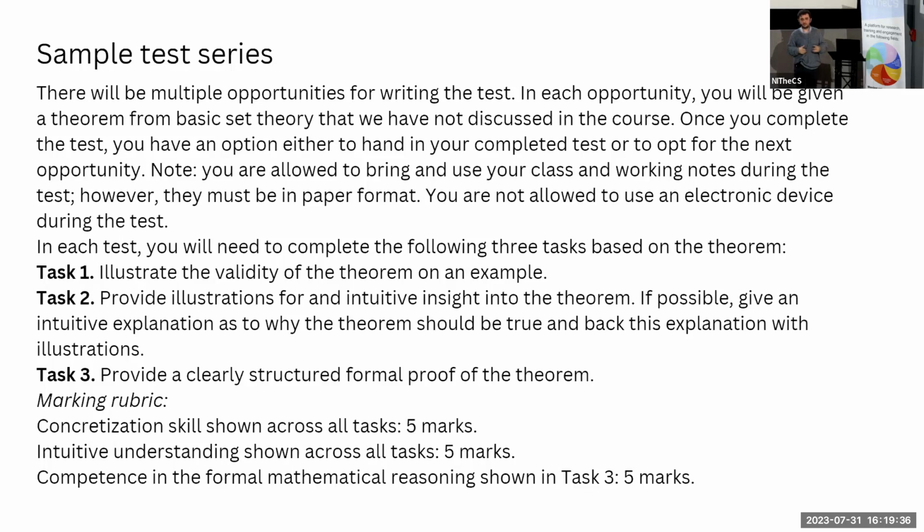They can even explain it in words, in lengthy terms. But as soon as you ask them to write a formal structured proof, they completely fail. So to distinguish these 2, we've got the second category for intuitive understanding, and the third one for competence in the formal mathematical reasoning. Of course, it's the formal reasoning that allows you to confirm that your intuition is valid. So the third step is very important. Great.